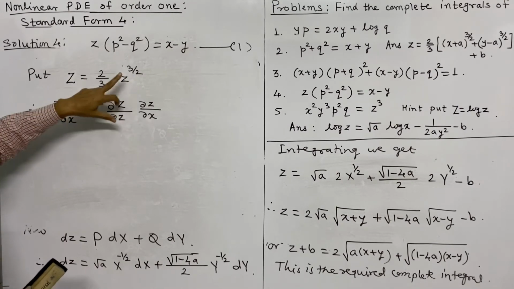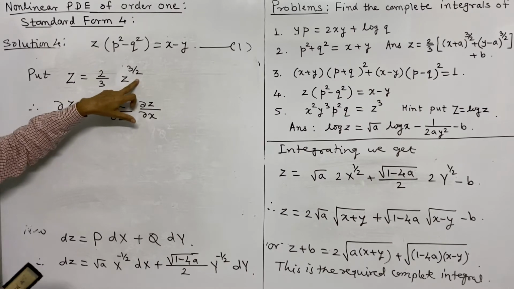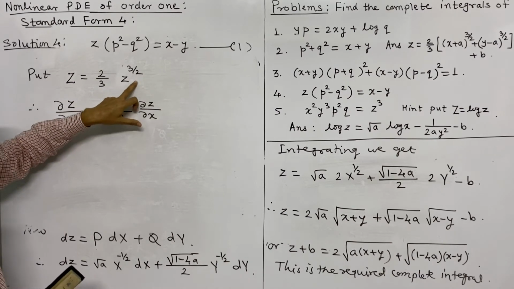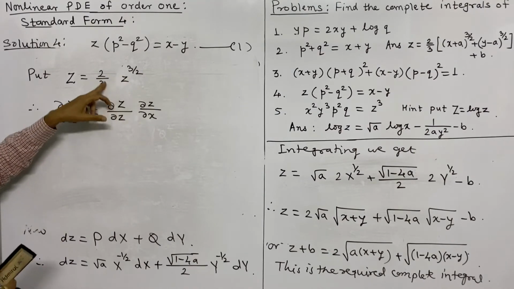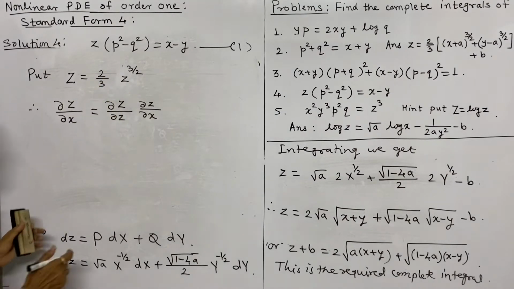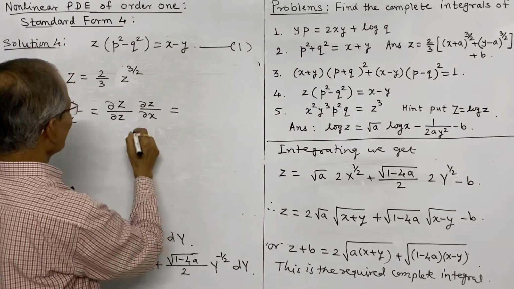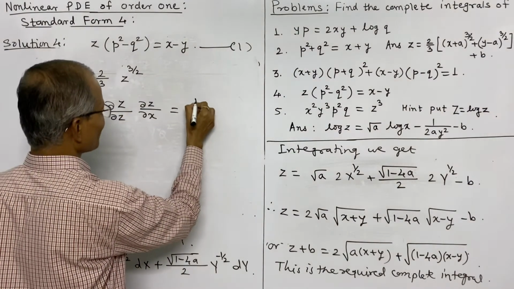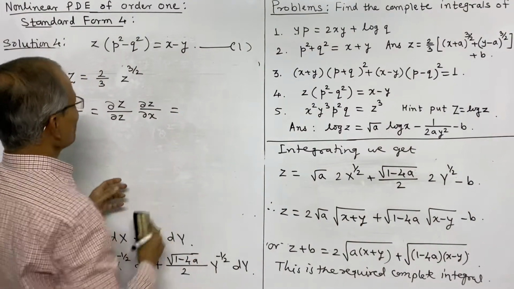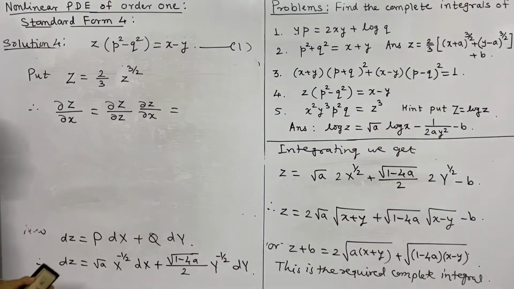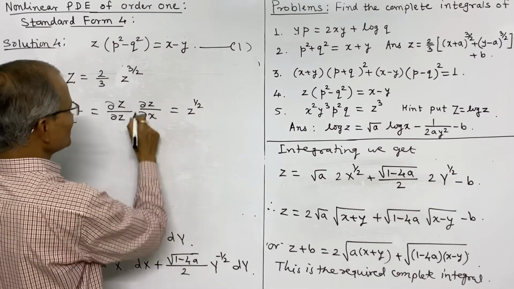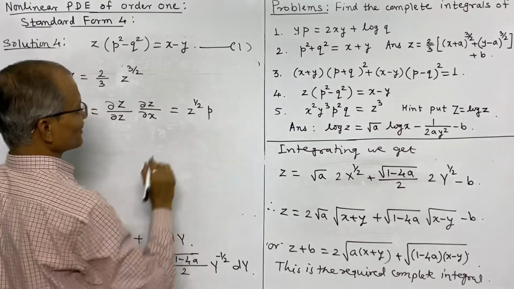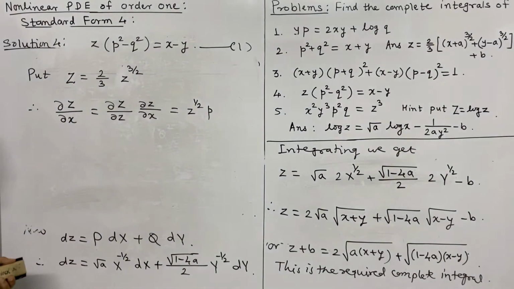The derivative of this is 2/3, the derivative of z to the power 3 by 2 is 3 by 2 into z to the power half, and that 3 by 2 and this 2 by 3 cancel. So I shall write it directly, that is z to the power half, small z. Capital and small must be written carefully. So this is small z to the power half, and this is the usual term, that is p. So z to the power half into p.